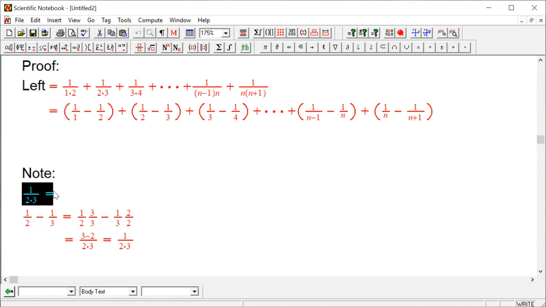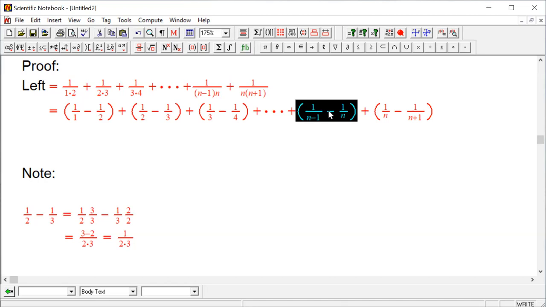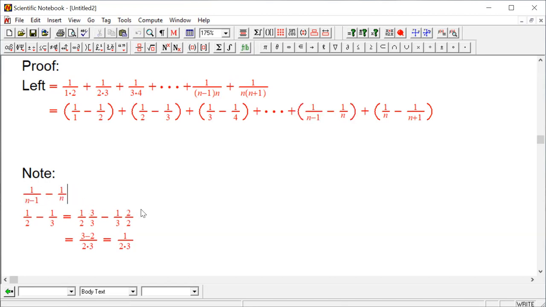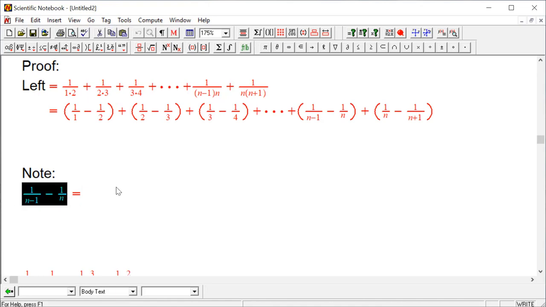So now let's look at the next piece. The next piece I will verify for you. Make sure you have paper and pencil with you. And if you want to pause and do your own, feel free to do that. So for these two, we want to make a common denominator. So for the first term, we need n/n. And for the next one, we need (n minus 1)/(n minus 1) because I'm trying to make a common denominator.